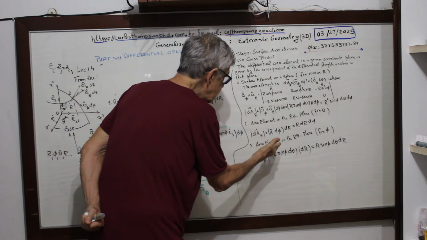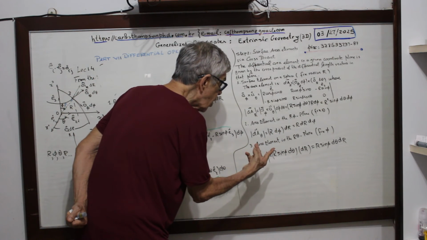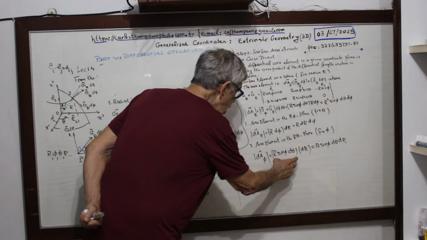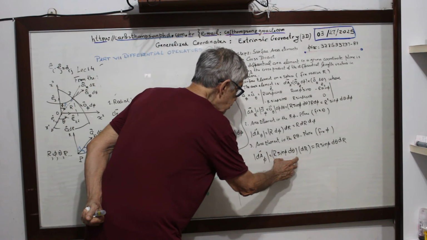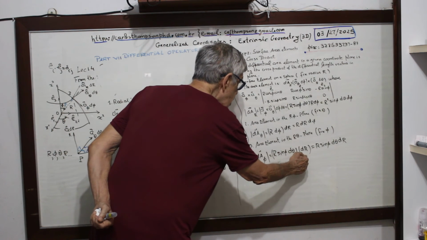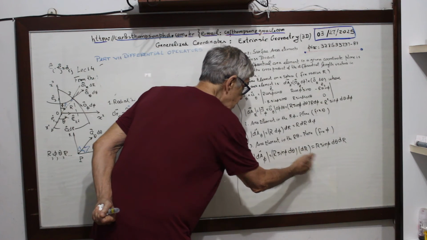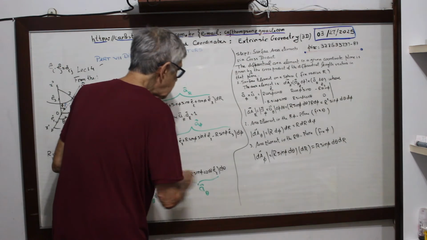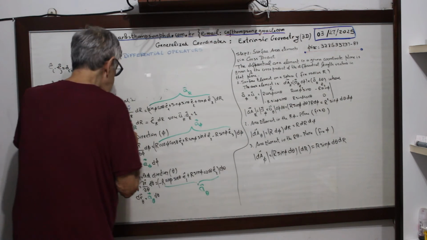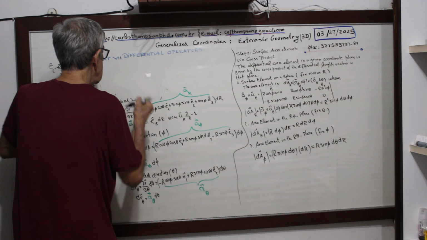In the last one, I have two arcs. I have the arc, in this case, in the theta direction, and the arc, in this case the length in the r direction. This one you can see clearly. See?